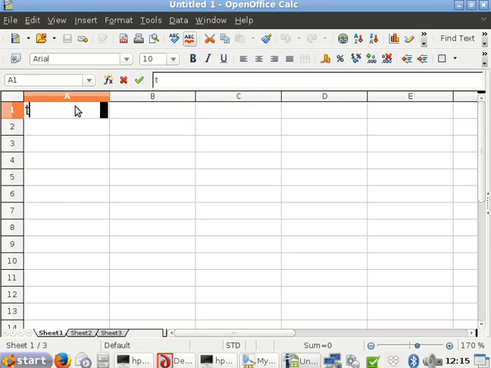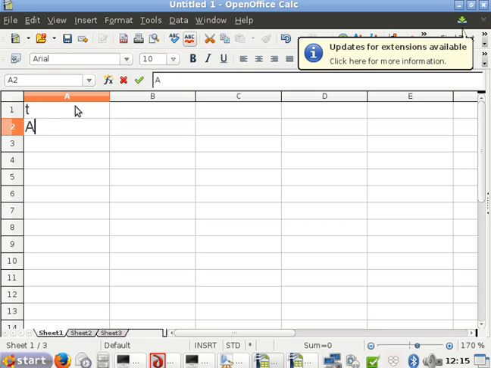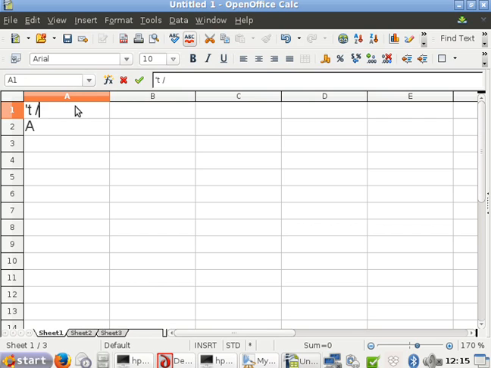So this is time, and this is activity. And what's the unit for time? Seconds. And the unit for activity?